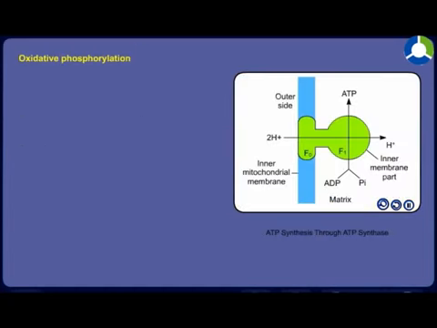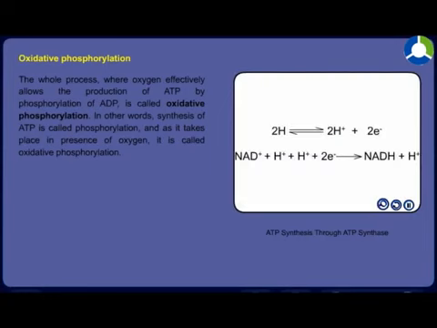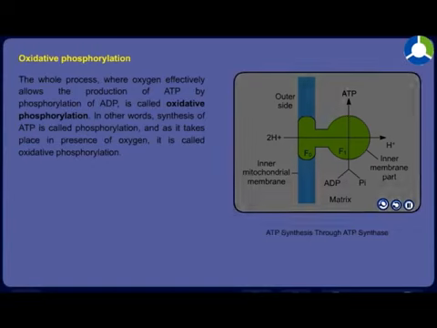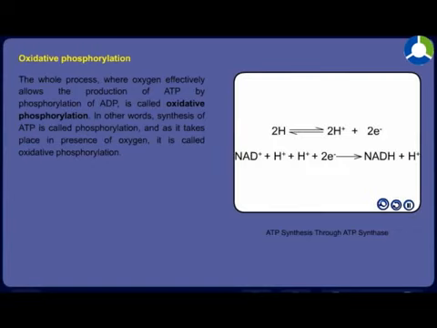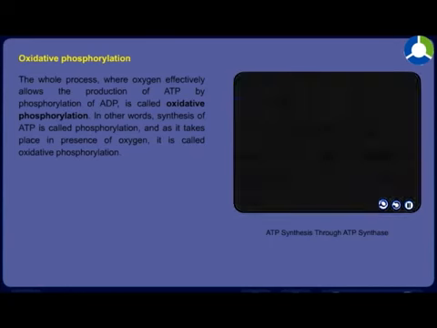Oxidative phosphorylation. The whole process where oxygen effectively allows the production of ATP by phosphorylation of ADP is called oxidative phosphorylation. In other words, synthesis of ATP is called phosphorylation, and as it takes place in the presence of oxygen, it is called oxidative phosphorylation.